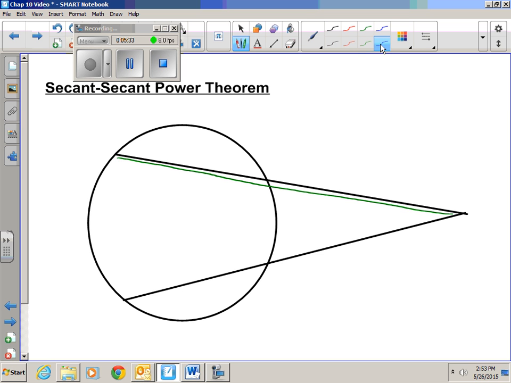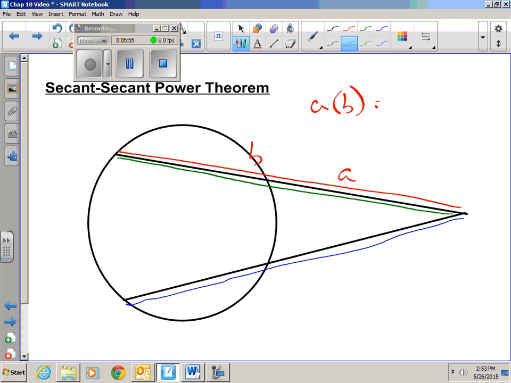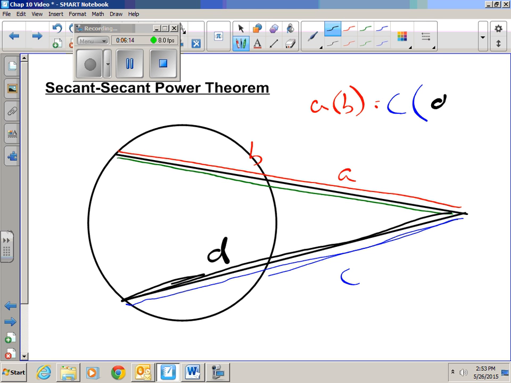I have the green one, I've got the blue one, and this theorem says, very similar to the last one, I take the outside piece, A, times the whole secant, we'll call this whole thing B, so that's A times B, is equal to the outside piece of the other one, we'll call that C, times the whole other secant, that whole thing, we'll call that D, so it's A times B is equal to C times D.